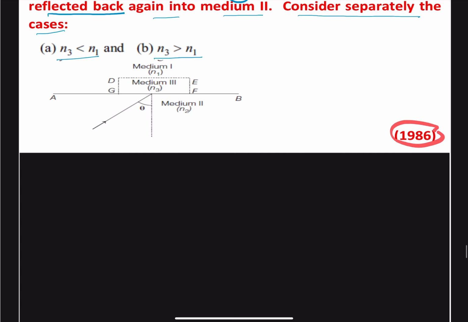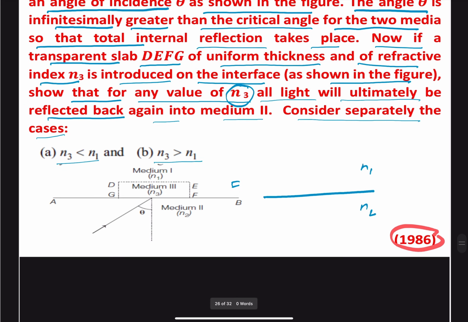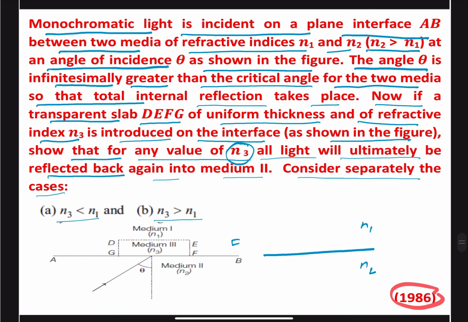So this is our figure. First, we can divide it into two parts. In the first part, it is only having a slab, and this is our medium 2 and this is our medium 1. It is said that light is incident on the surface between two media as shown in the figure.